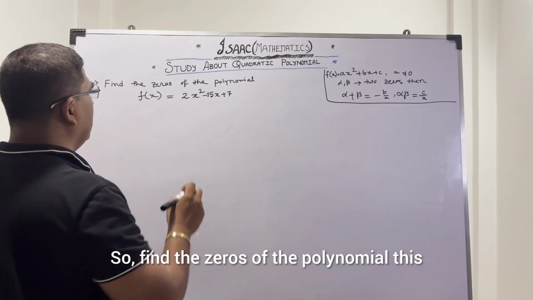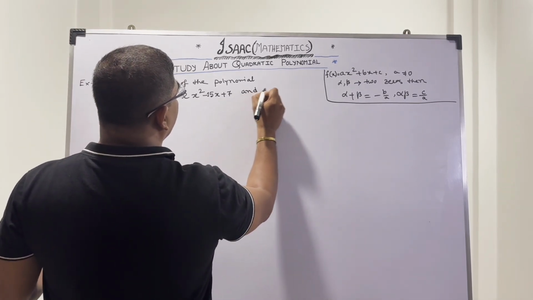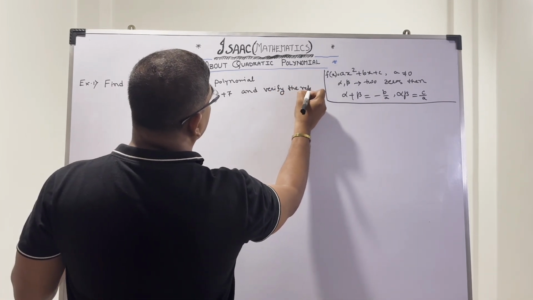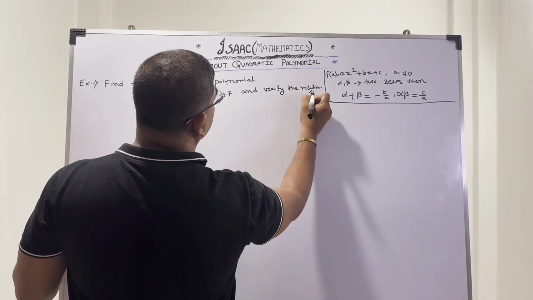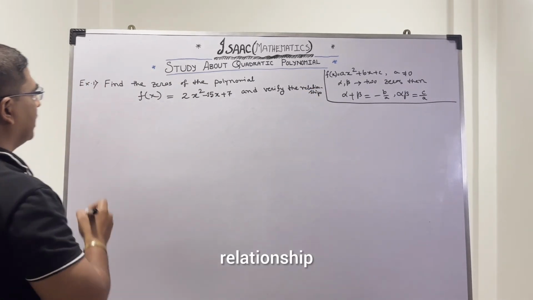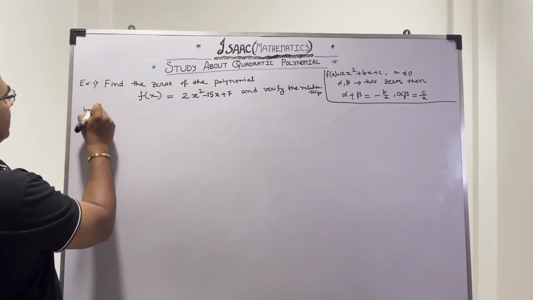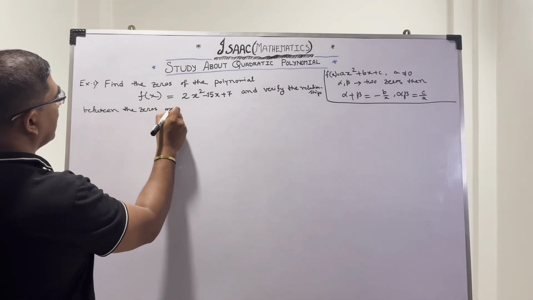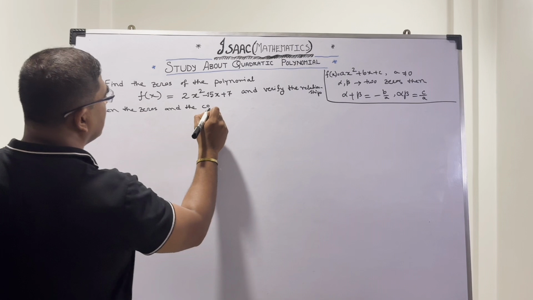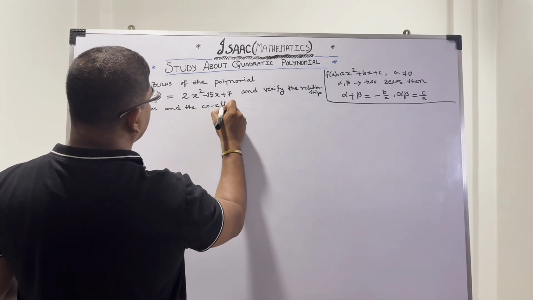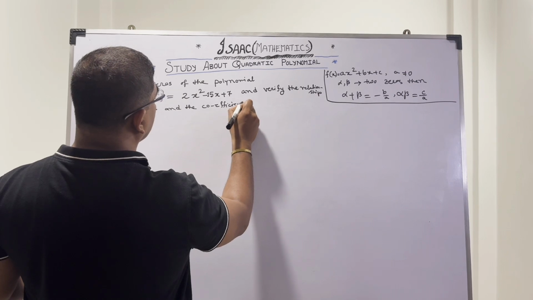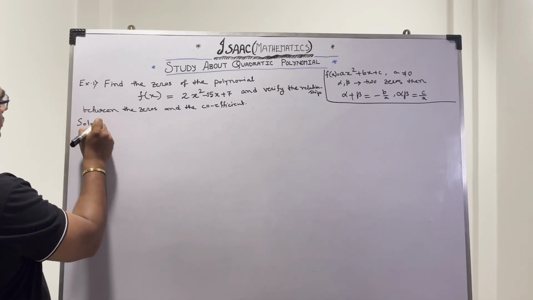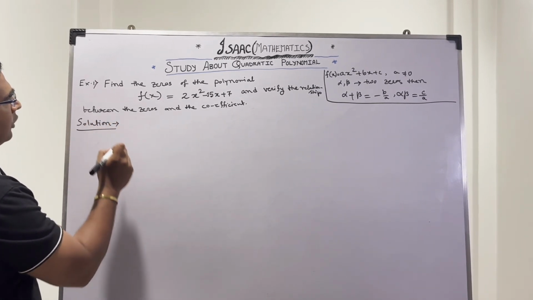So find the zeros of this polynomial and verify the relationship between the zeros and the coefficients. Solution.